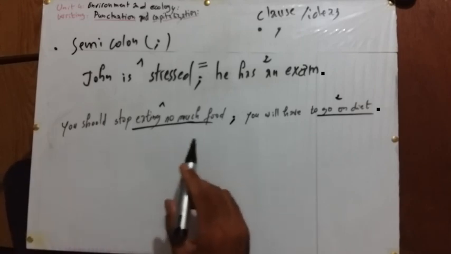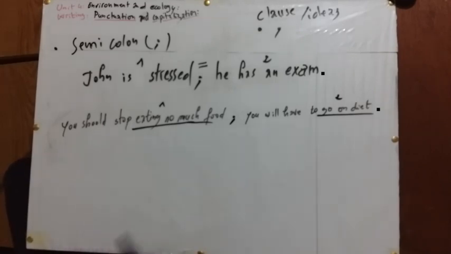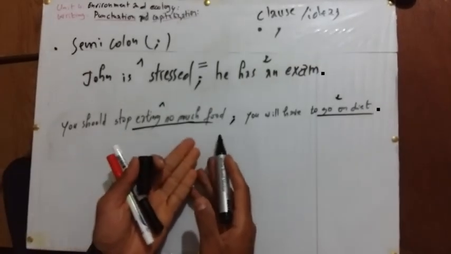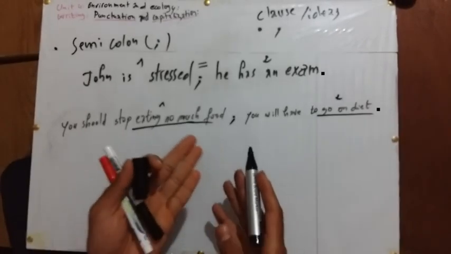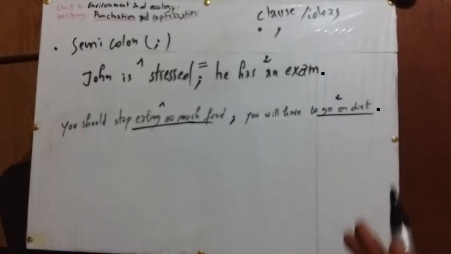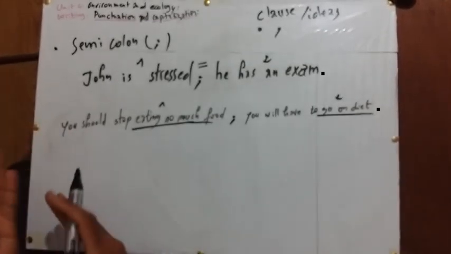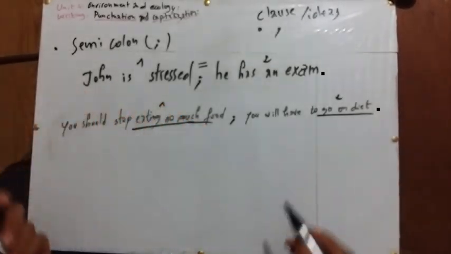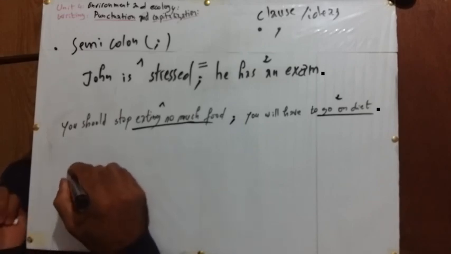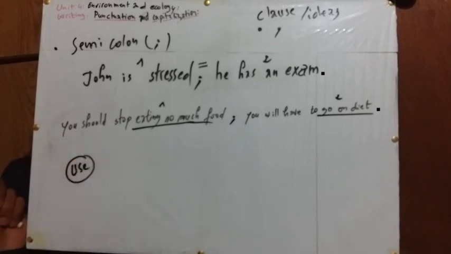You should stop eating so much food. You will have to go on diet. You can say you should stop eating so much food because you will have to go on diet. But instead of saying because, you just put a semicolon, okay? So when do we use it?